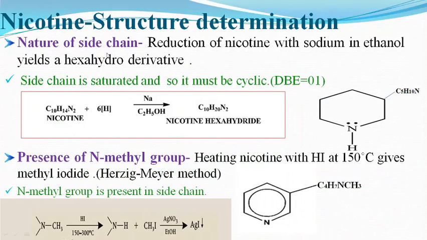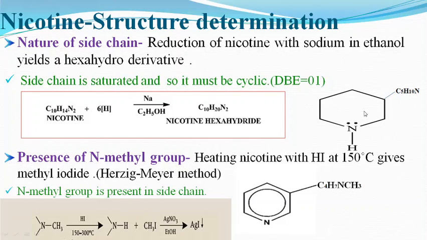Next we come to the nature of the side chain. Nicotine on reduction with sodium in ethanol converts into nicotine hexahydride. That means the side chain is saturated. As you can see, the pyridine nucleus is present, and it consumes only 6 hydrogen atoms. 3 double bonds are present in pyridine, which means 6 hydrogen atoms are consumed for the saturation of this pyridine ring.